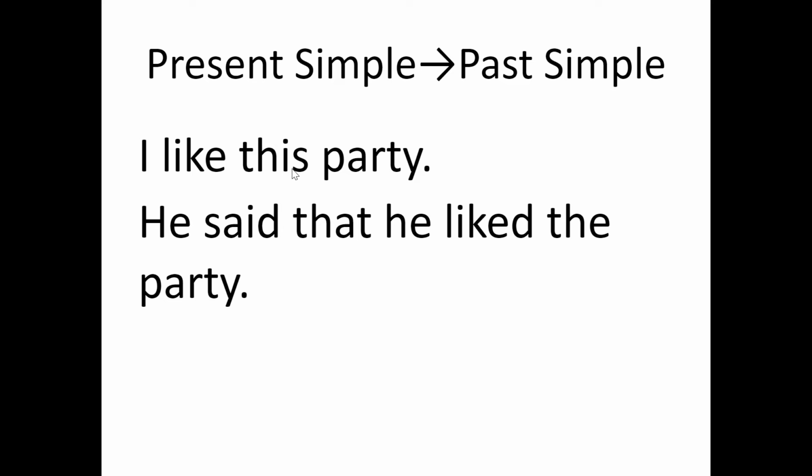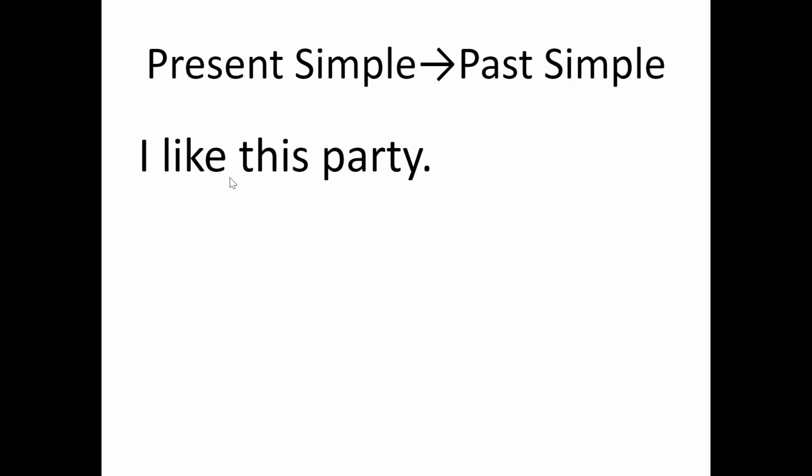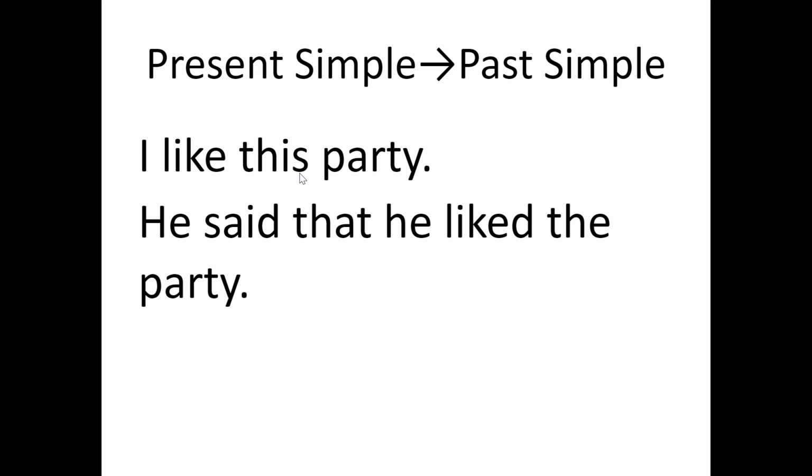Now, if the speaker says, I like this party, when he's at the party now, then it would sound a little bit strange to report it in the present tense after the party is over. So we have to back shift it to the past simple. He said that he liked the party. The party is now over.